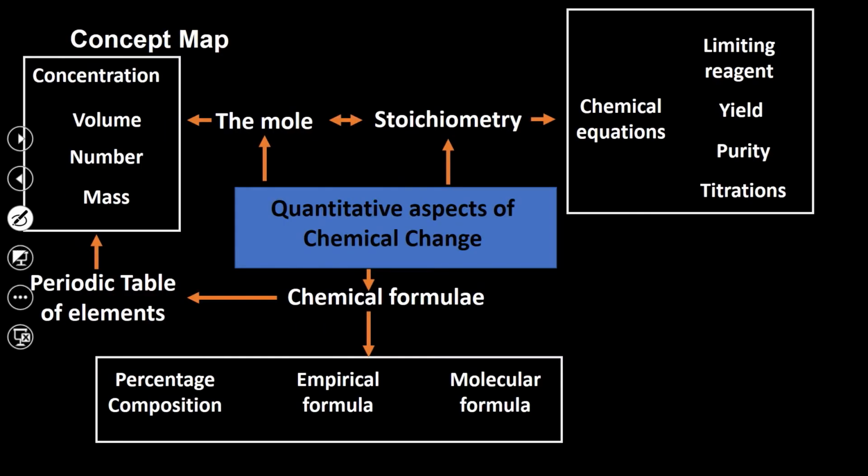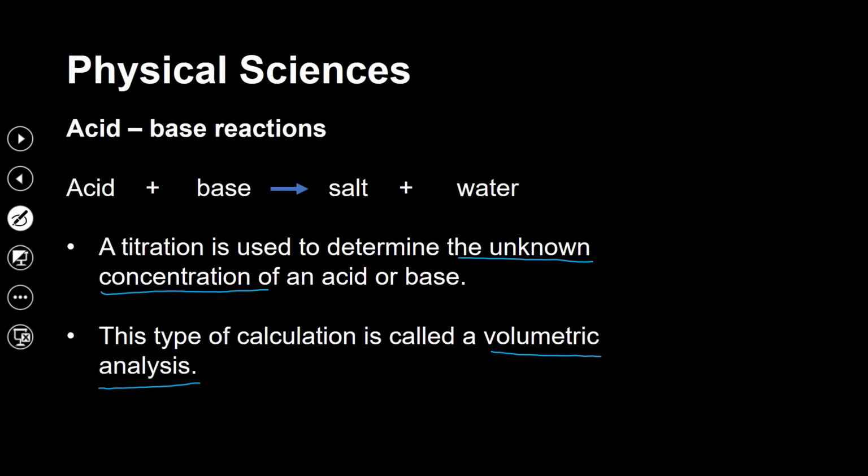Okay, and then if we can quickly reflect on a few things that are very important. At the end point of a titration, all the substances have reacted. So we have the maximum amount of products, which is salt and water. But the indication that this has happened, we achieve it by an indicator, which gives us a color change.